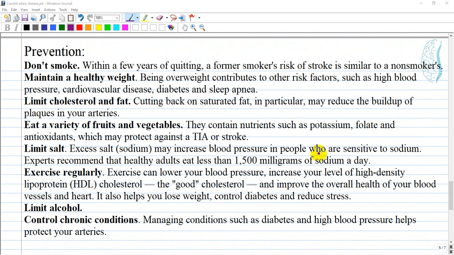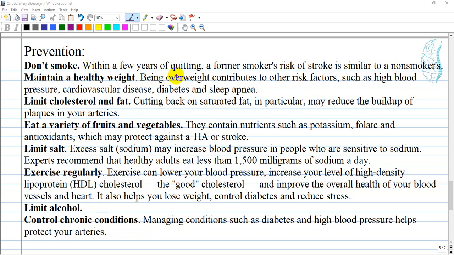Does there exist any way to prevent this plaque formation? To prevent or slow the progression of carotid artery disease, we can consider these suggestions: don't smoke, maintain a healthy weight, limit cholesterol and fat intake, eat a variety of fruits and vegetables, limit salt, exercise regularly, limit alcohol, and control chronic conditions.